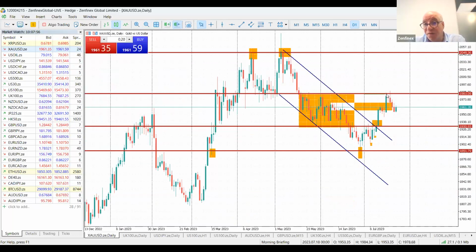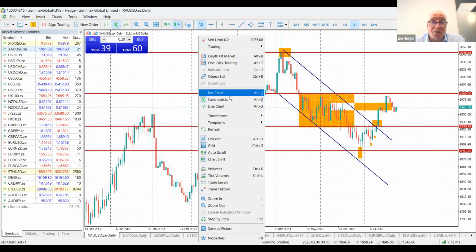This level we found weeks ago: once we broke out of it, price continued going up and would have been a really nice long trade. But let's get rid of all the lines and start marking down and seeing what has happened to the price of gold in recent days and how we may be able to utilize that in our own trading.